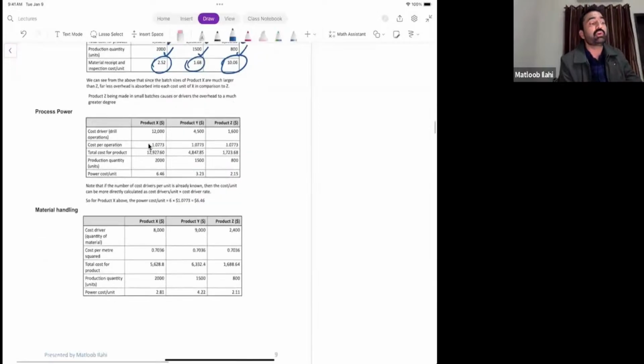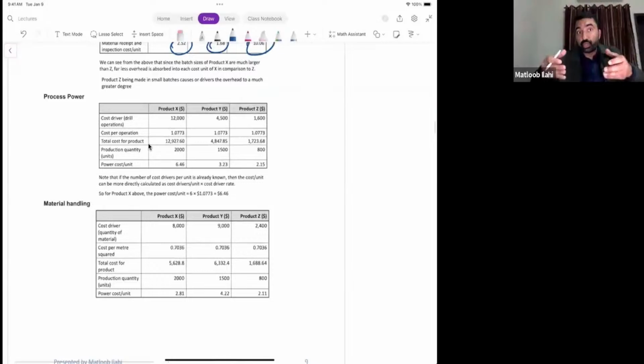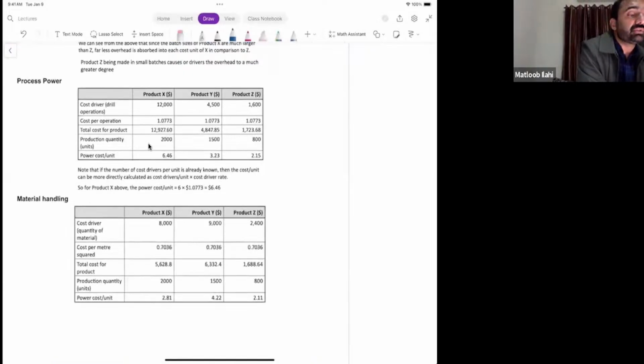Next is the process power. We need to first calculate the total process power cost of each product. The total number of drivers is 12,000, 4,500, and 1,600, multiplied by the driver rate.